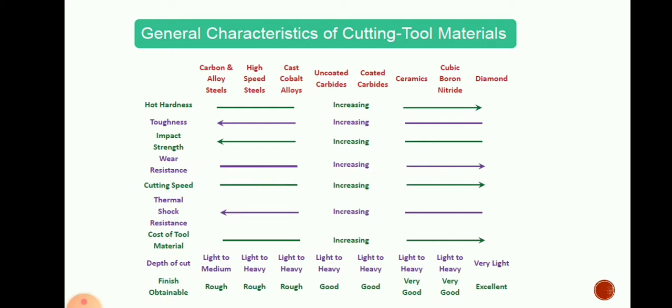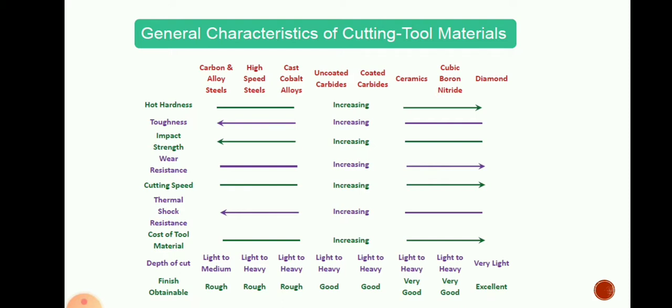So from that we are interested in coated carbide and uncoated carbides. So these are generally having the moderate properties as compared to other materials. You can observe hot hardness is increasing from carbon and steel alloys up to the diamond, because diamond is having the highest hot hardness property.